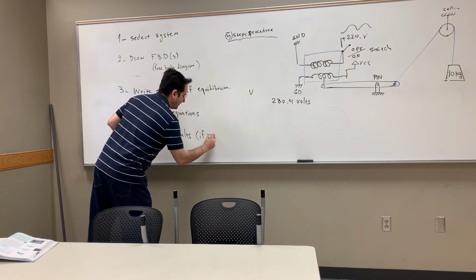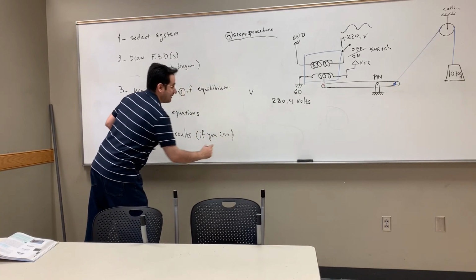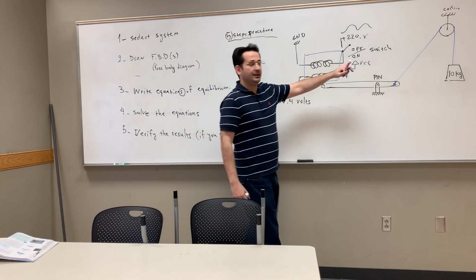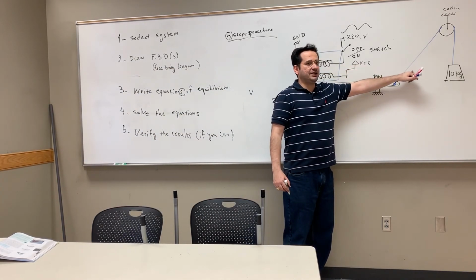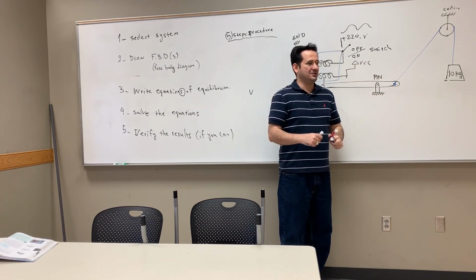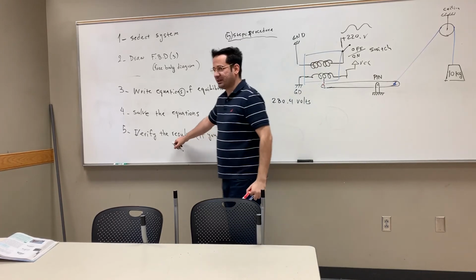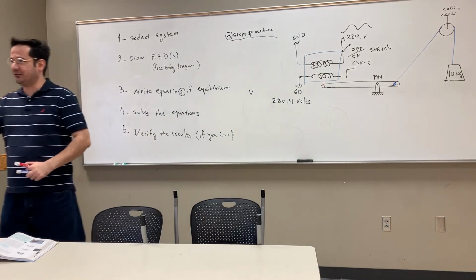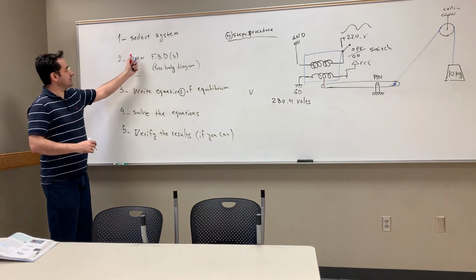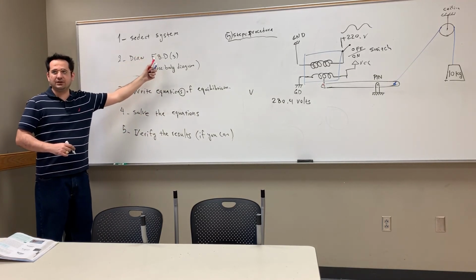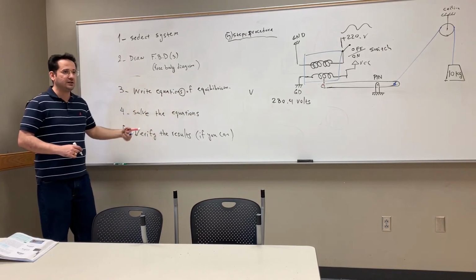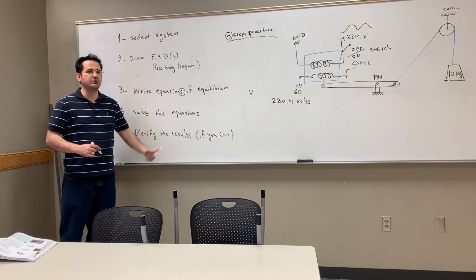You cannot always verify, but if you can. For example, if I solve this particular problem and I get tension in the cable is negative, that means compression, then you can say something is wrong, right? If you get a negative number, you may go back and iterate. Probably you have chosen the wrong system or wrong FBD, or there is some sign wrong in the equations, or you have done the solution procedure wrong.